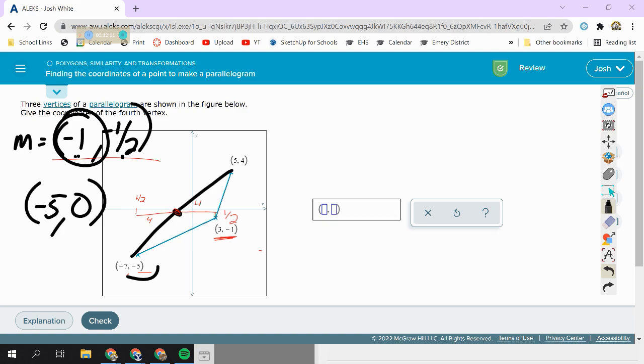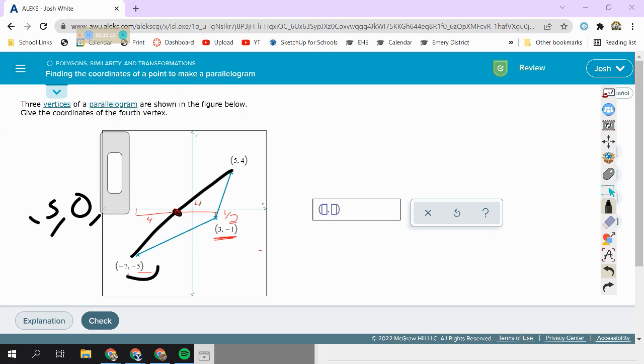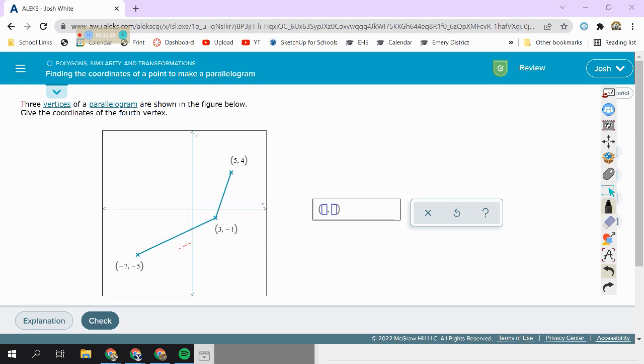Tyson, how did you do it? Okay, that works. Okay, so Tyson said, all right. Which points did you use? Okay. So Tyson said this slope right here is up 5 and right 2.